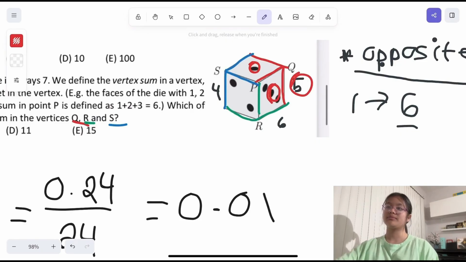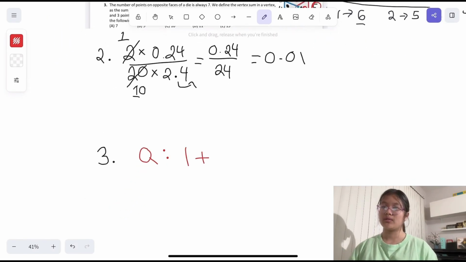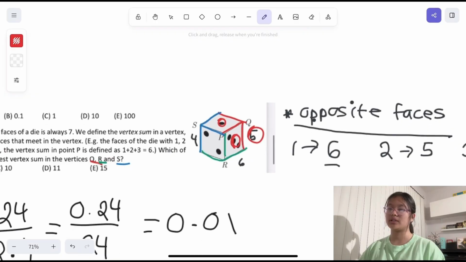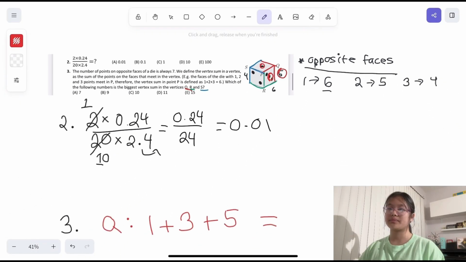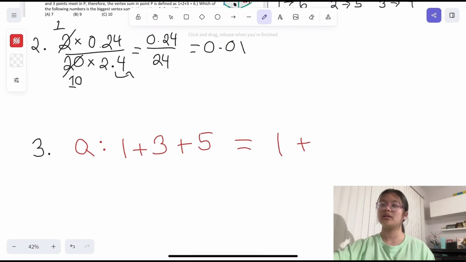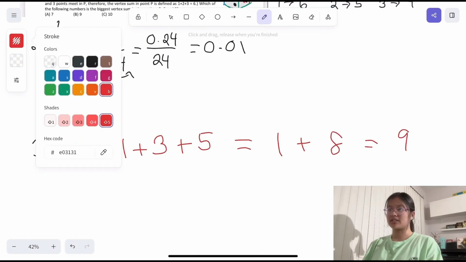We add them, since it says to find the sum: 1 plus 3 plus 5. 1 plus 3 is 4, and then 4 plus 5 is 9. Or you do 1 plus 8, which is 9.